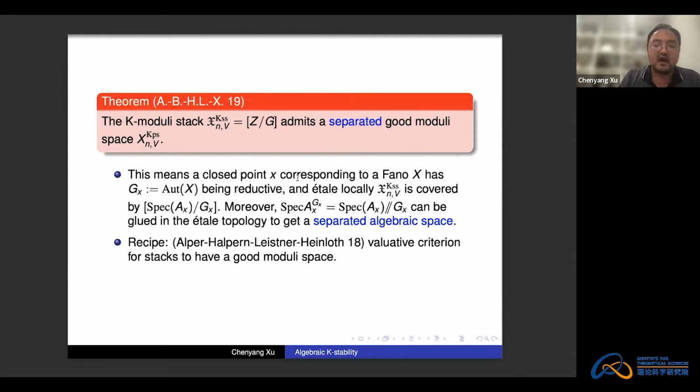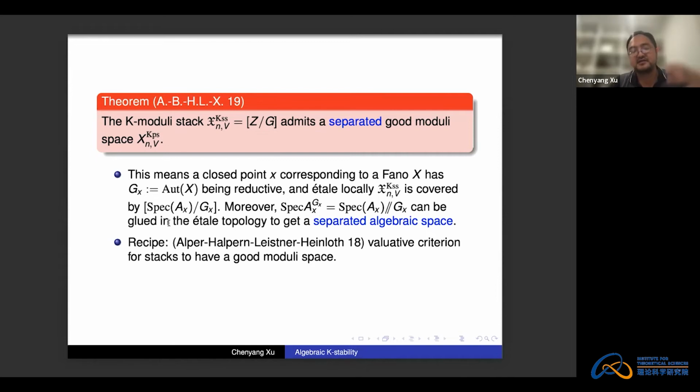So locally, the good moduli space just behaves like a reductive group acting on some affine space. So if you have a reductive group acting on an affine space, the stack is just the stack quotient. But the good moduli space will be just the GIT quotient, which is just the Spec of the invariant function ring.